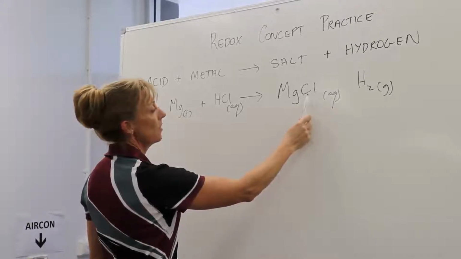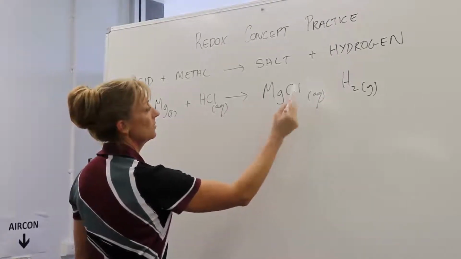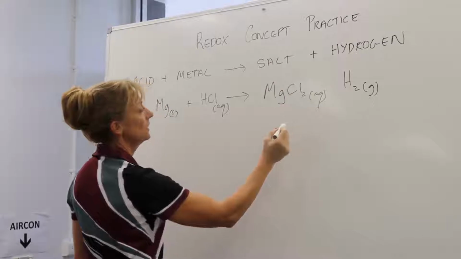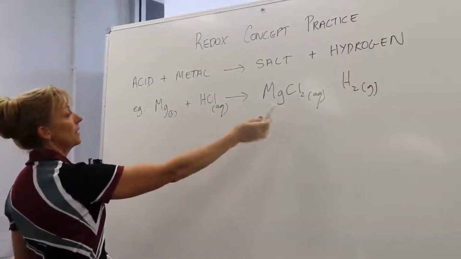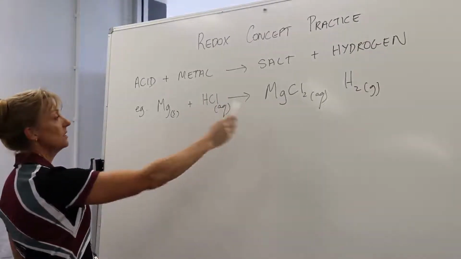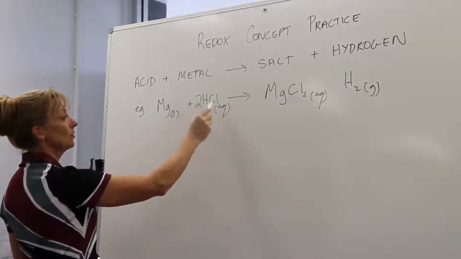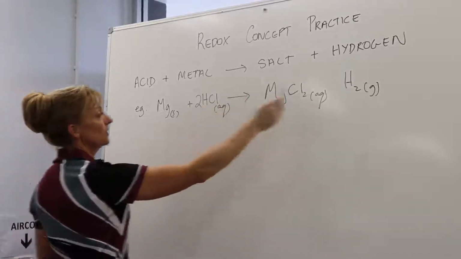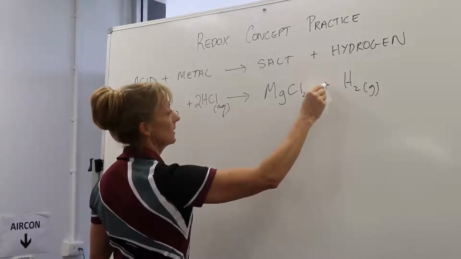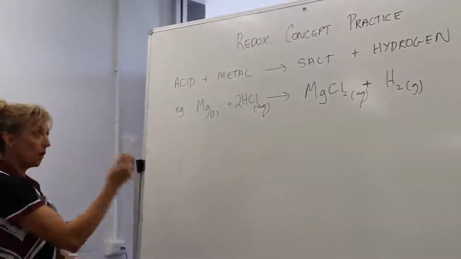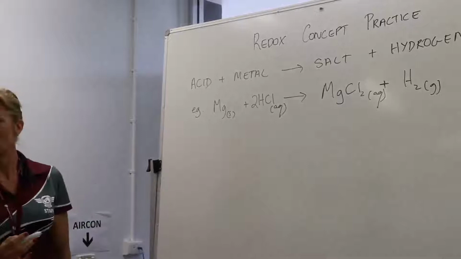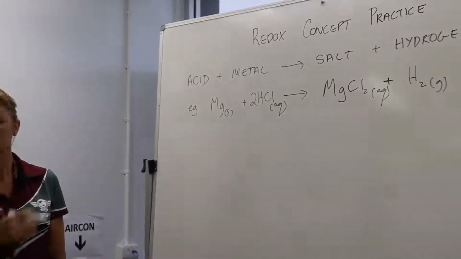That's in group 7, minus 1. We need 2 of these to balance that out. So it's a 2. And then we need to balance the whole of the equation. So we put a 2 here. 2 chlorines, 2 chlorines, 2 hydrogens, 2 hydrogens. It's a plus there. So that's an overall balanced chemical equation, a complete one.